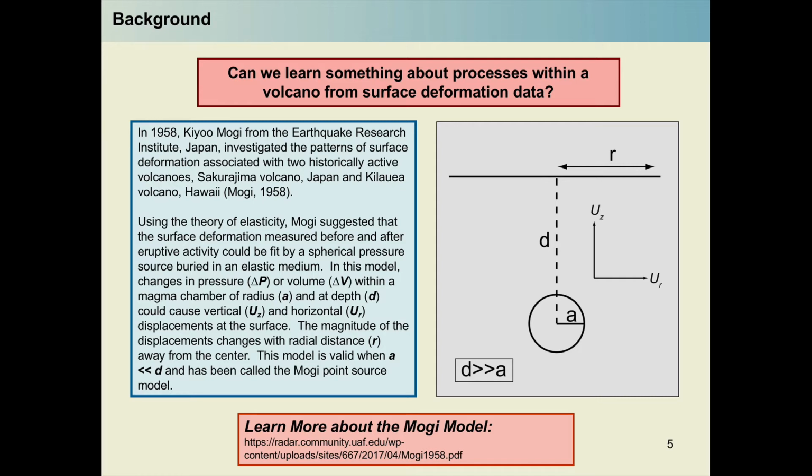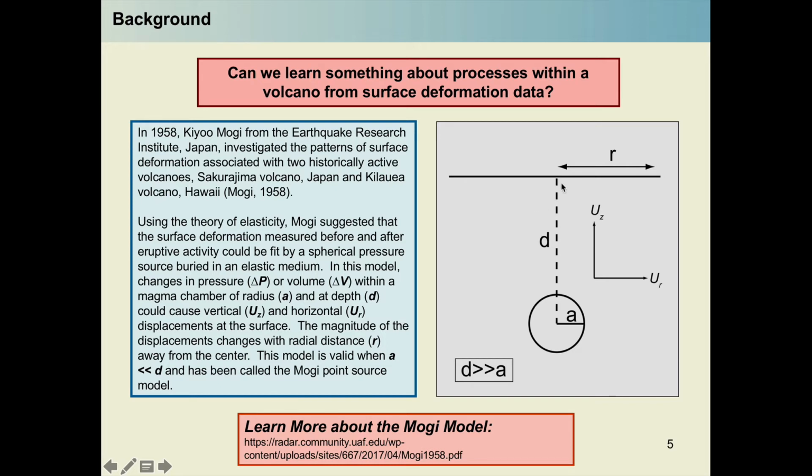So in this model, changes in volume and pressure within a magma chamber of a radius, which here is noted as a, and depth d, can cause vertical u sub z and horizontal u sub r displacements at the surface, radially around the center, the epicenter on the ground surface above your magma chamber.